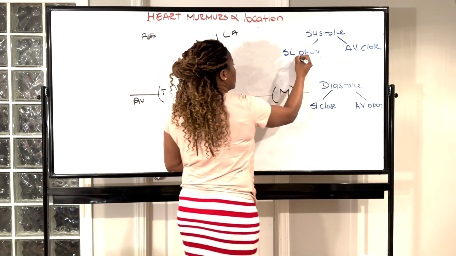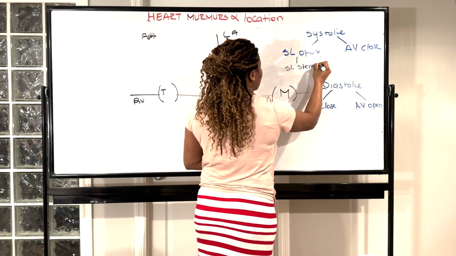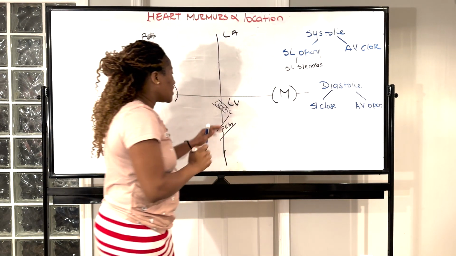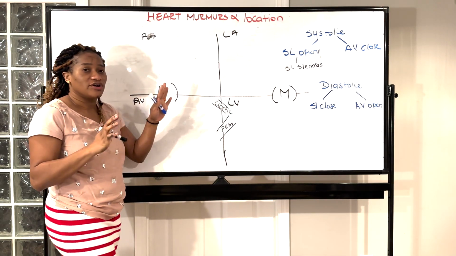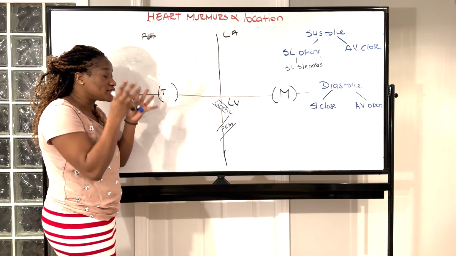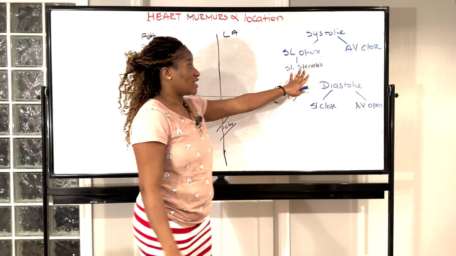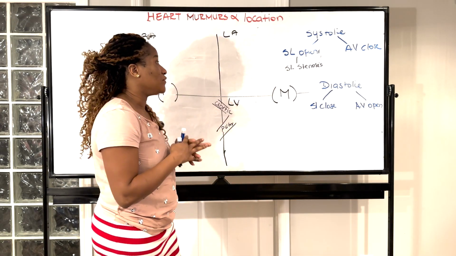So we're going to put here SL stenosis. If these valves are stenotic, that's going to be your early systolic ejection murmur, because they're supposed to be open during early systolic, and if they can't open, that's where you're going to hear your murmur.